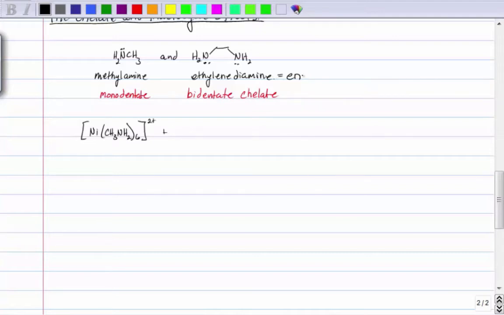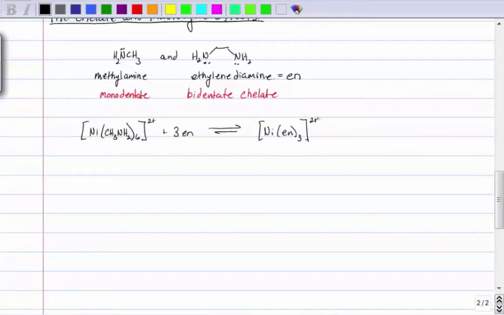That's the abbreviation. So I'm going to add 3 of those ENs, and I'm going to let a reaction happen. And then I'll get my nickel EN3 complex. That's still an octahedral complex because remember each of the ethylene diamines have 2 donor atoms, still 2 plus.